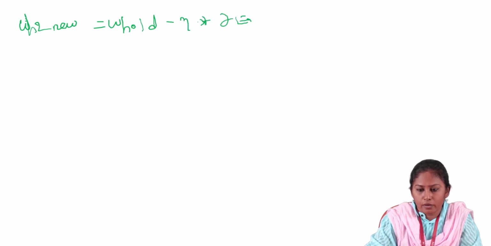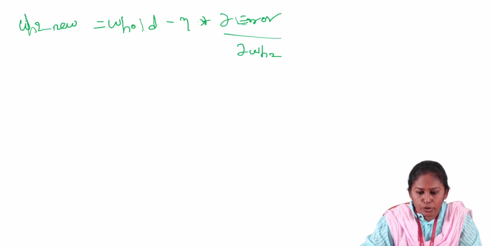Now to update the weight WH2, to calculate the updated weight, I am representing that as WH2 new, which is equal to WH2 old minus the learning rate into ∂Error by ∂WH2.